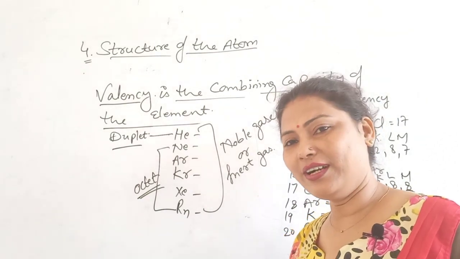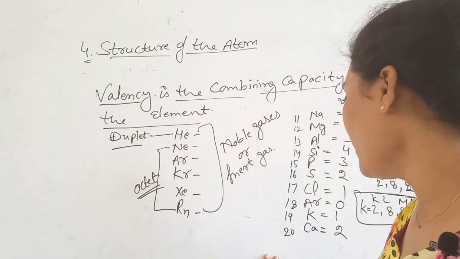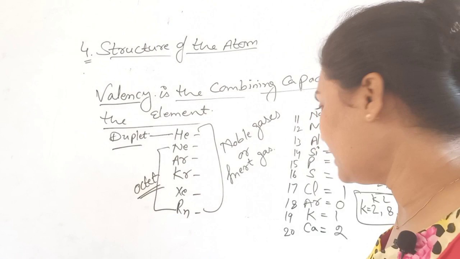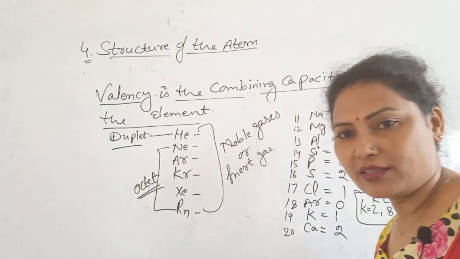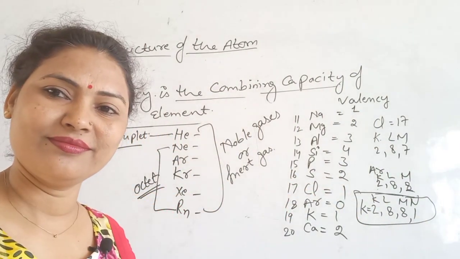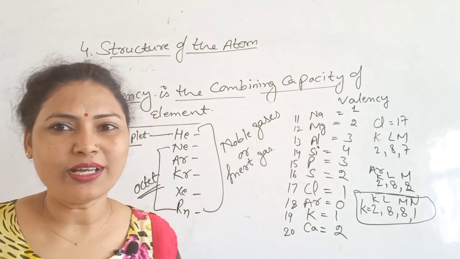Okay, so learn these valencies and find them according to the electronic configuration also. And learn the symbols of elements according to their atomic number. With this, thank you and have a nice day.